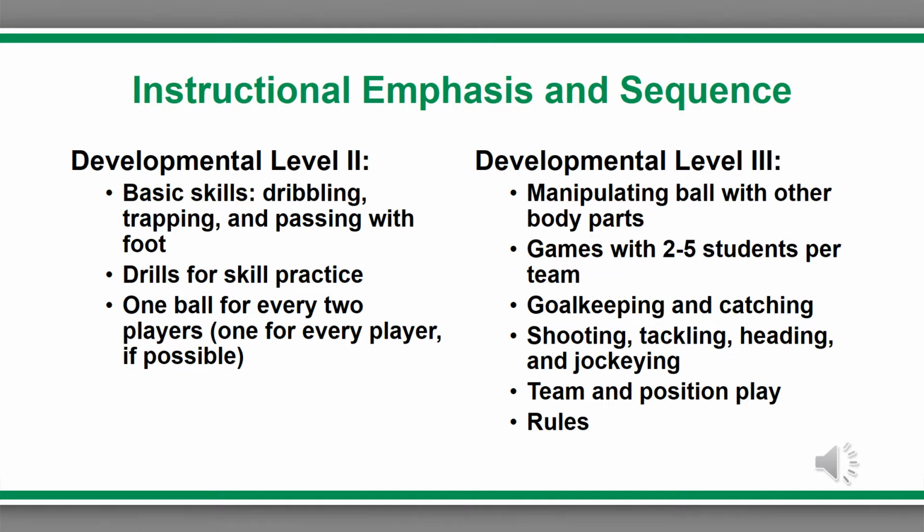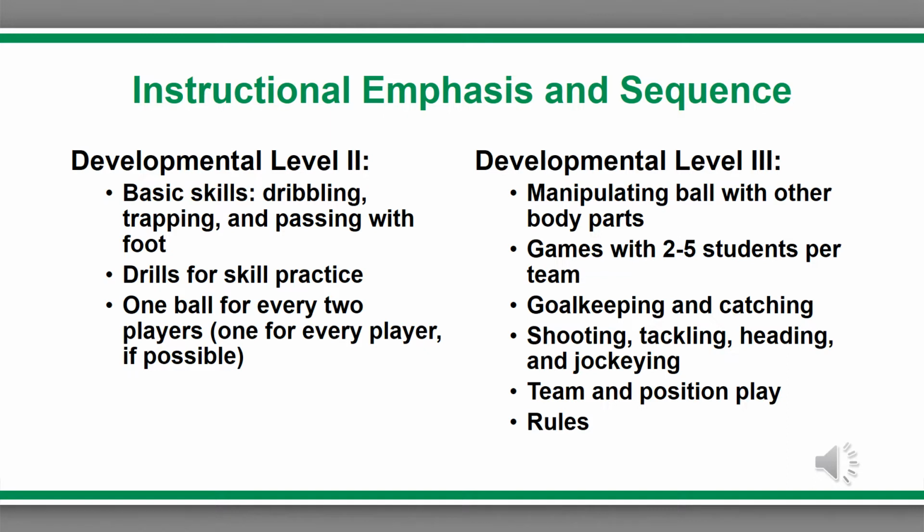You can have one ball for every two players, or one for every player if you're fortunate. The first column, developmental level 2, talks about the inside of the foot pass, long pass, foot trap, goalkeeping, defensive maneuvers, and soccer rules. Then they list the four activities that would be good to play for developmental level 2.